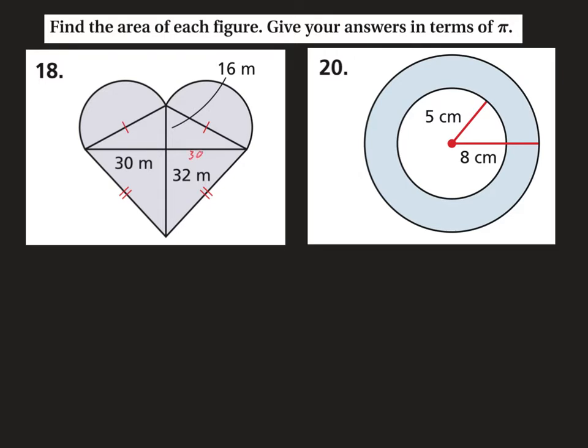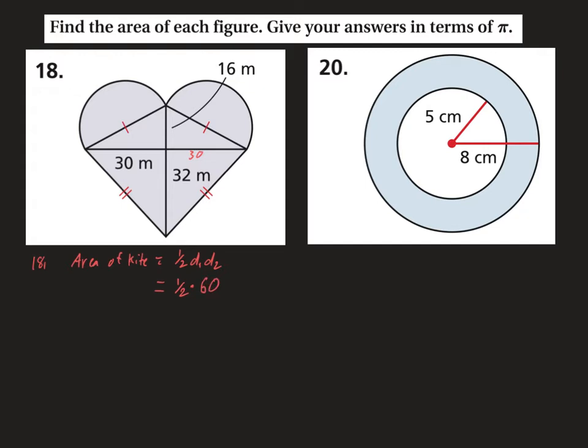Okay, so the 18. So area of kite equals 1/2 diagonal 1 times the diagonal 2. So equals 1/2 times, well, diagonal, one of them is going to be 30 plus 30, which is 60.